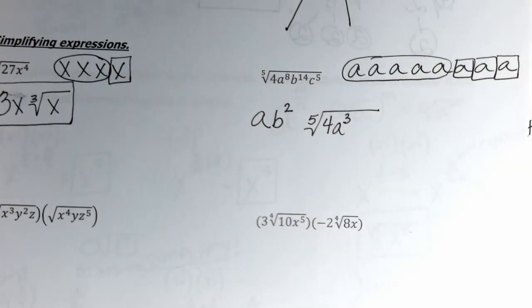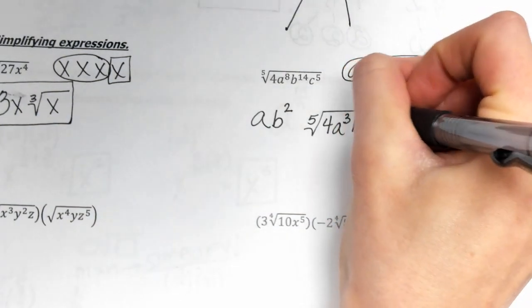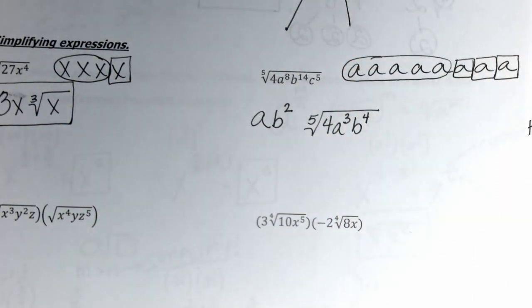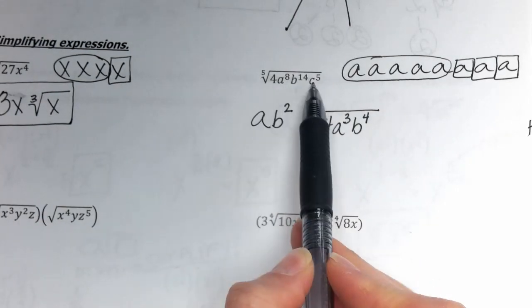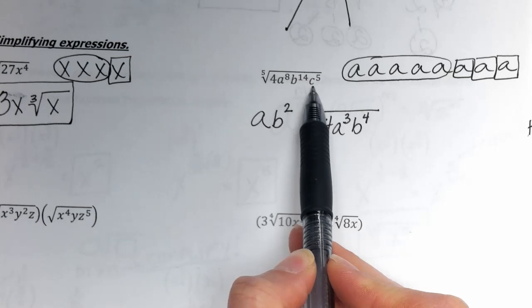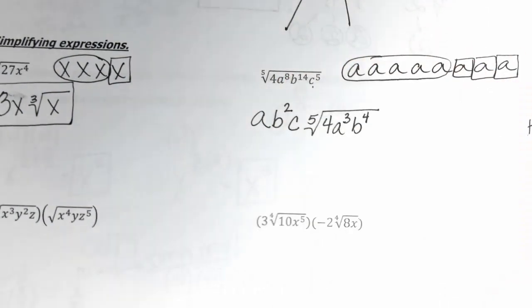How many would be left over? If I have 14, I took out 2 of 5's, then that leaves me with 4. Again, if you need to list it out, you can. All right, the fifth root of C to the fifth is just C.